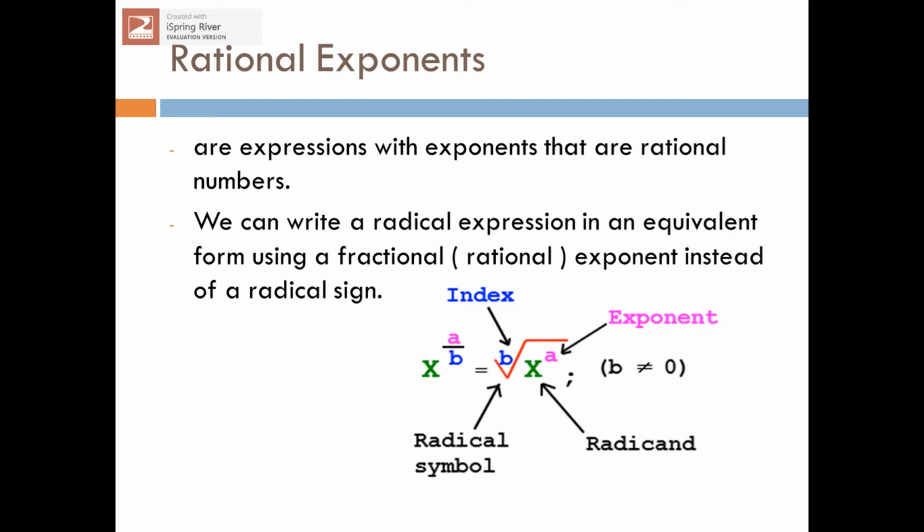We have the given x raised to a over b, and our base is x. The numerator a will be the exponent of our base, and b is the denominator, or this is the index, or the number before the radical sign.